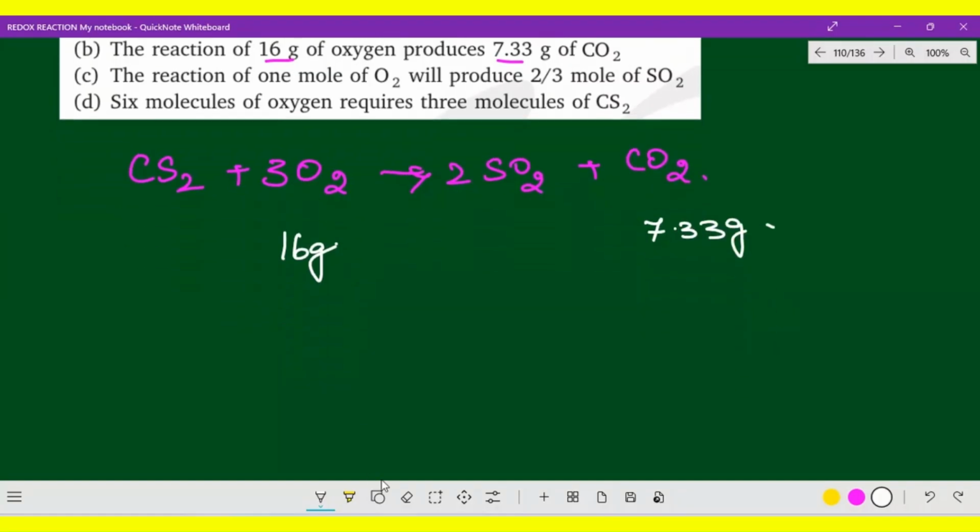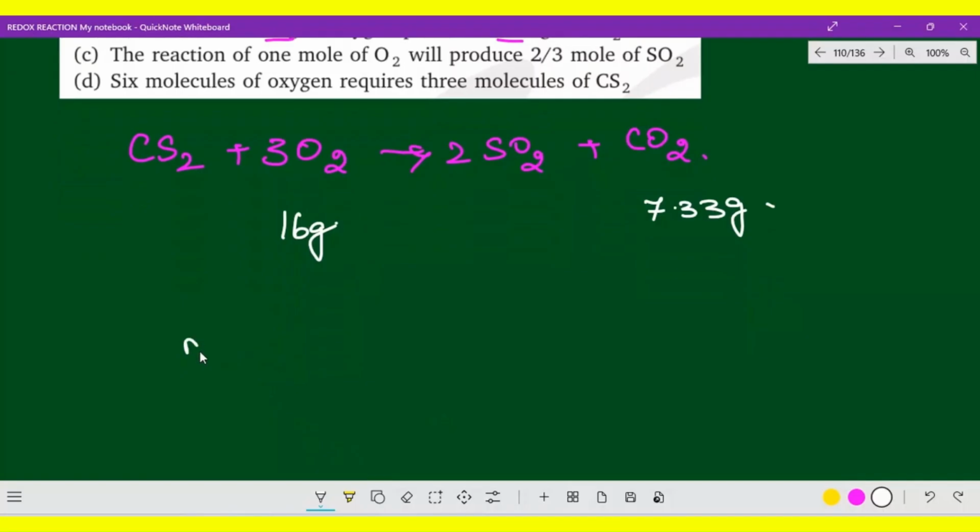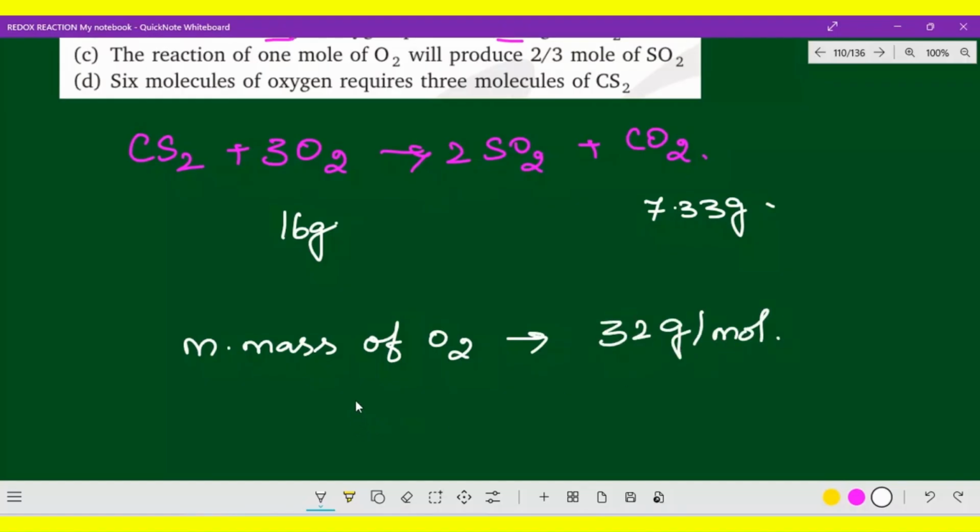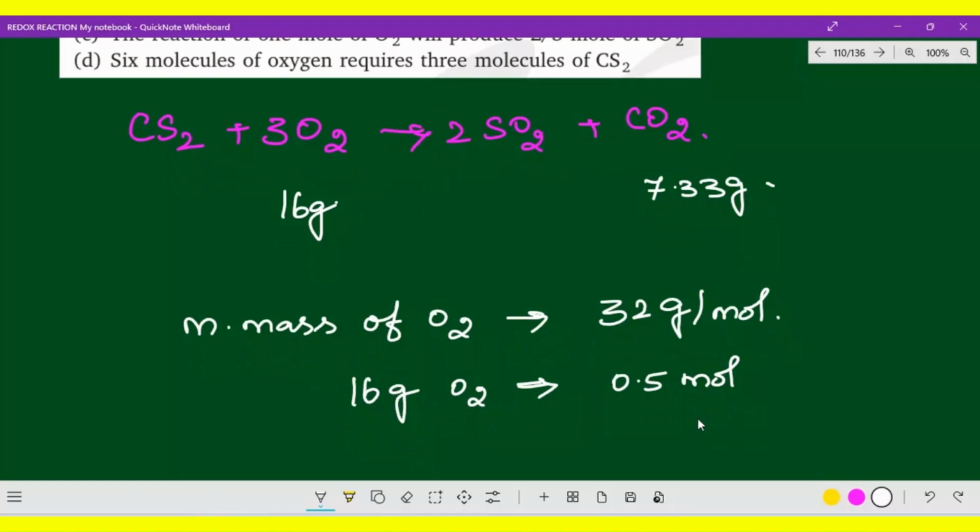The molar mass of oxygen, O2, is 32 gram per mole. So 16 gram of oxygen is half of that, that means 0.5 mole. I hope you got an idea.